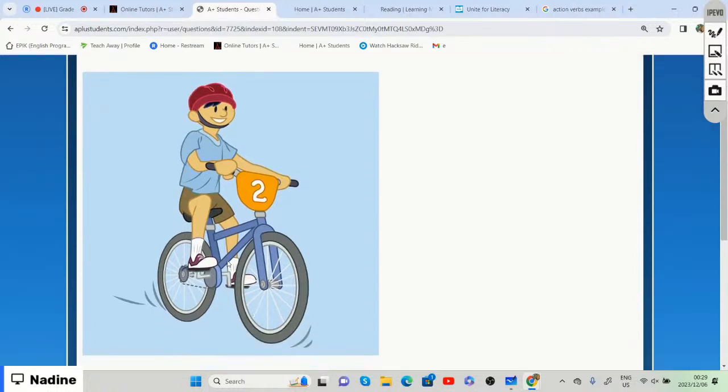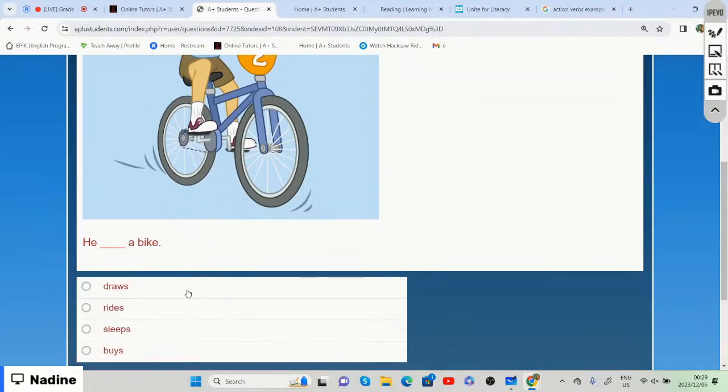So what is this boy doing? He what a bike? Does he draw a bike, ride a bike, sleep a bike, or buy a bike? So we need to choose the correct word from the four options at the bottom to say what he does to a bike.